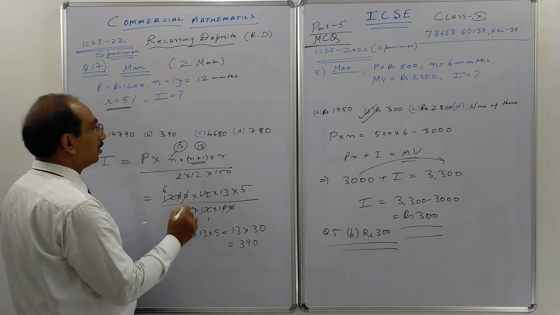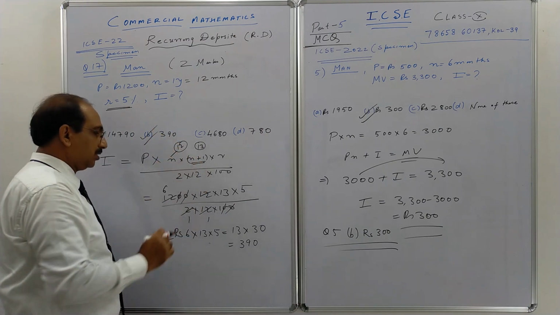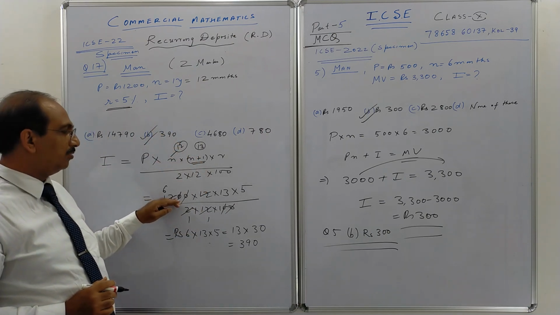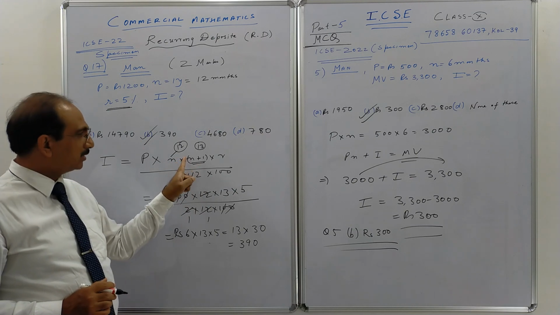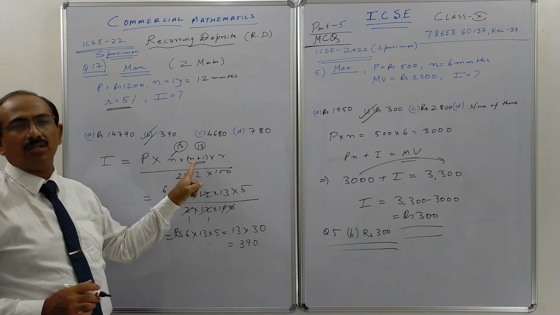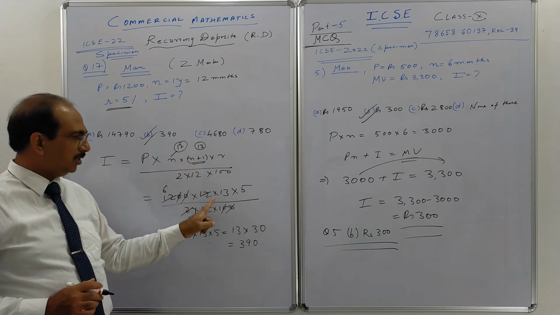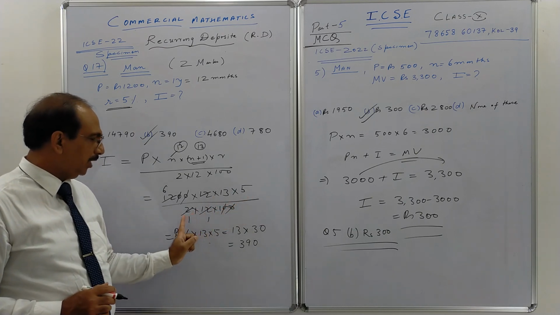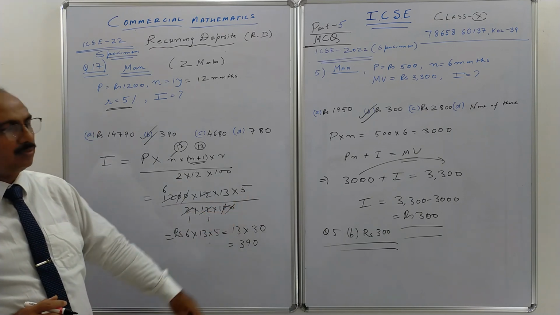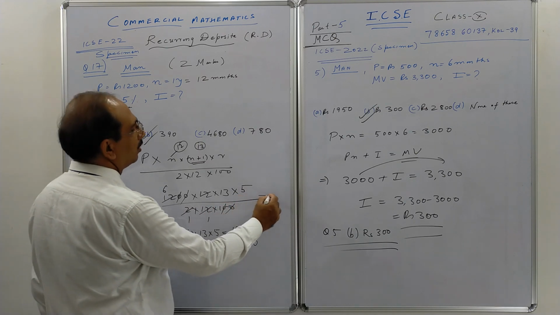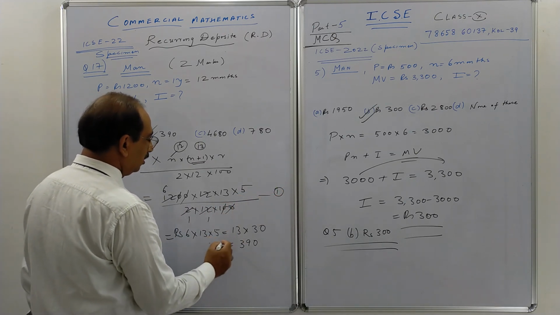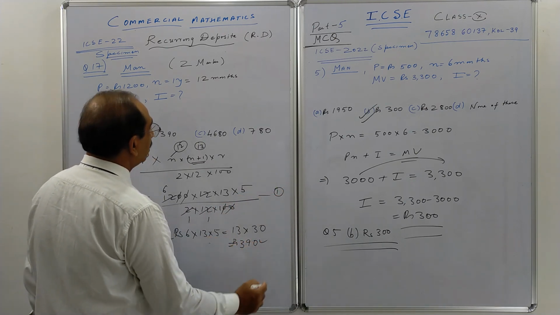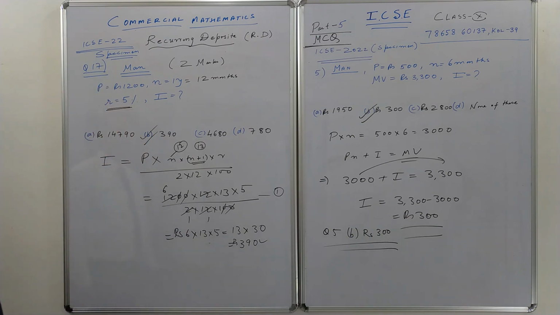So this is the answer. Once more, we substitute 1200 into 12 months, then 13, time in months 12, then put 13 into rate by 2 into 12 into 100. Denominator remains same. Correct substitution, you will roughly get 1 mark, and 1 mark for the correct answer.